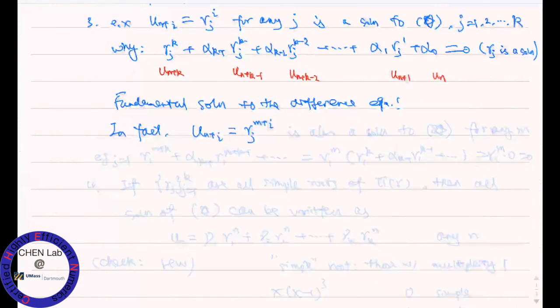We multiply that fundamental solution by r_j to the m, that's simply multiplying the whole thing outside by r_j to the m. 0 multiplied by that is of course 0.